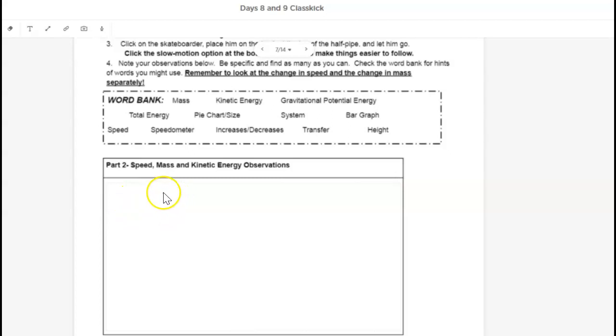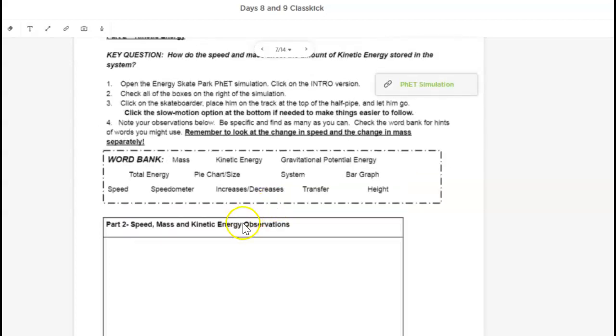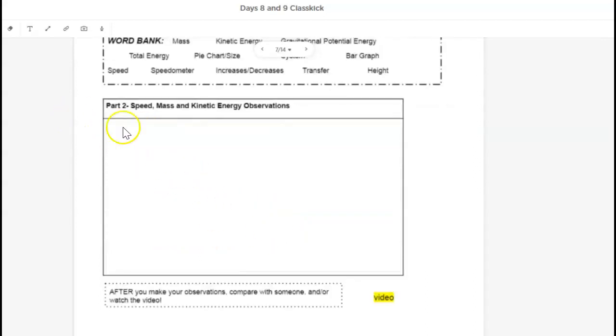So his kinetic energy increases with increased speed, and his kinetic energy increases with increased mass. And you've got the small guy at the top of the ramp and at the bottom of the ramp, and the big guy at the top of the ramp and at the bottom of the ramp. That should be enough information, I think, to answer this question. So write your observations here, just what you observed again. And then in the next slide, you'll do your claim and your evidence again.